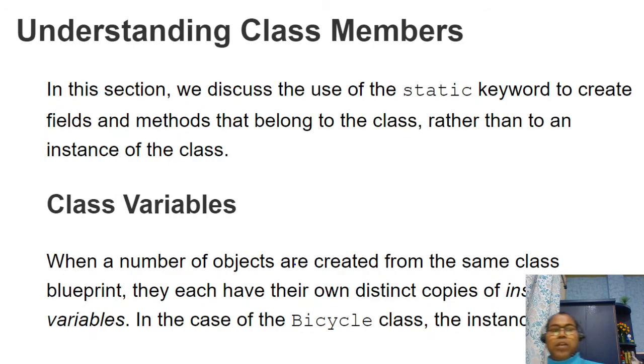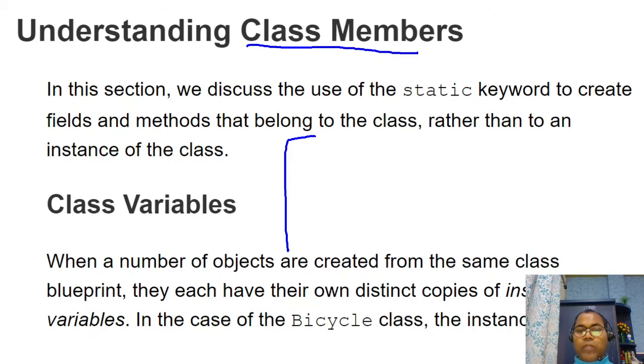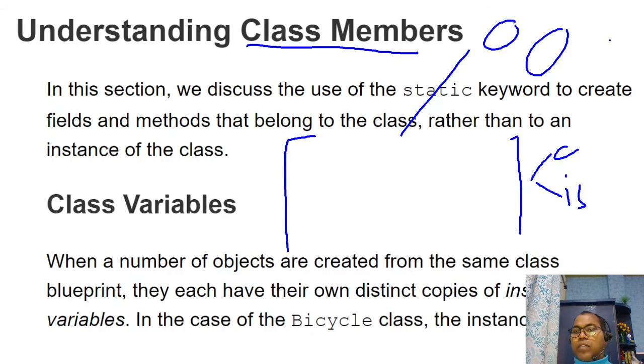Okay, now let's discuss the class members. Whenever we are defining a class, the class has two types of variables. One is your class variable, another is your instance variable. Class variables are specific to the class, and an instance variable is bound to the object. Let's say this class has created one object, two objects, multiple objects from this class we can create.